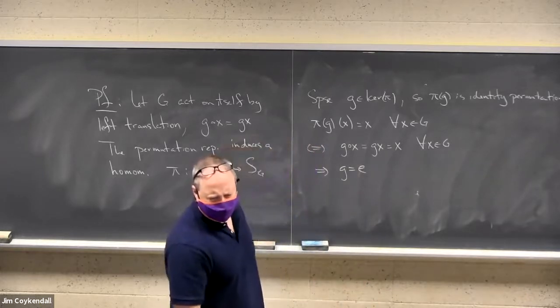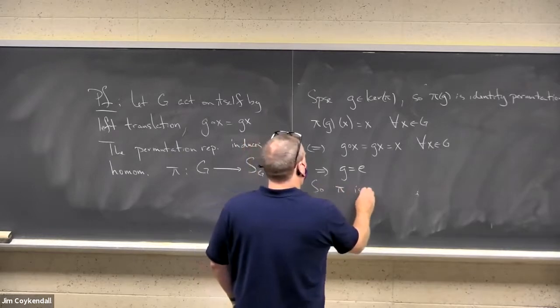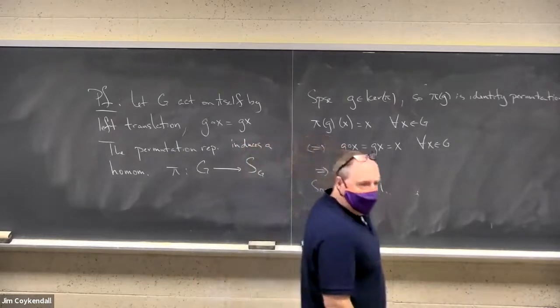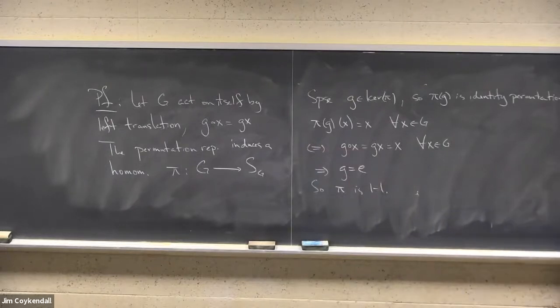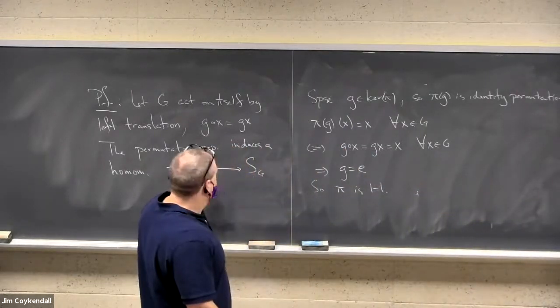So the kernel is trivial and we're done. The second statement about being able to embed a group G of order n into Sn follows basically from the proof, because if G has n elements, then this is Sn.